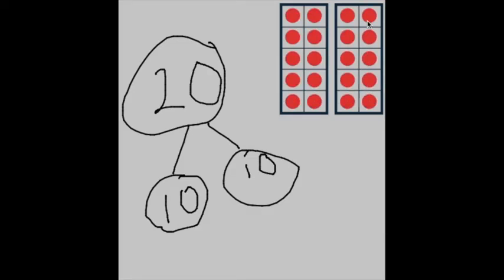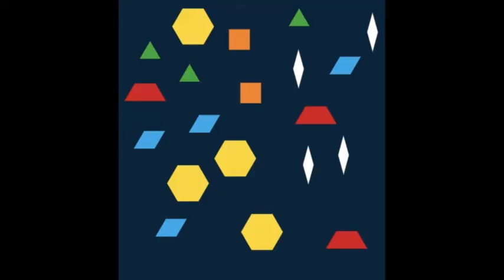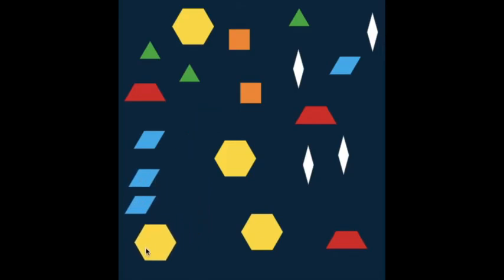So let's fill in our 10 frames. We need 2 frames filled with 10. Now we have 20, just like our toys over here. Now I'm gonna line these up into lines.